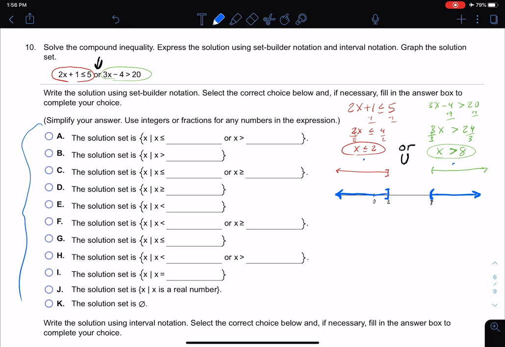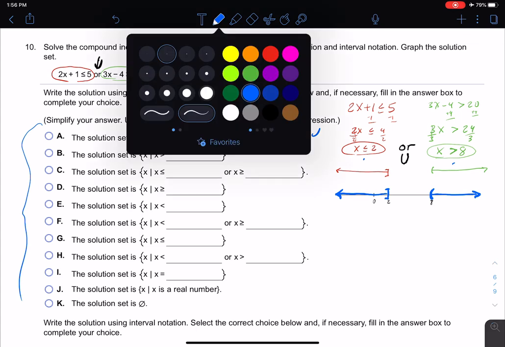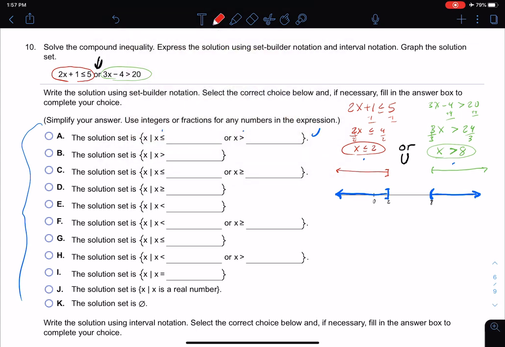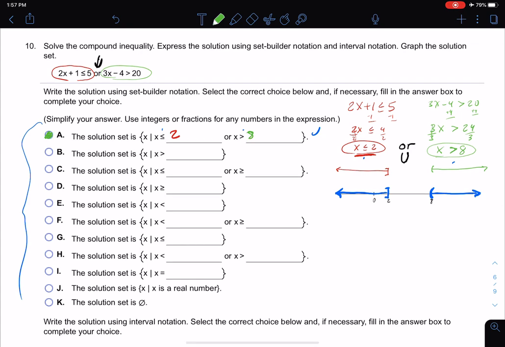The first one has a less than or equal to and a greater than symbol, so we lucked out. I'm going to use this red inequality, x is less than or equal to 2, or, and then the green statement, x is greater than 8. And that's it. So A was the proper format.